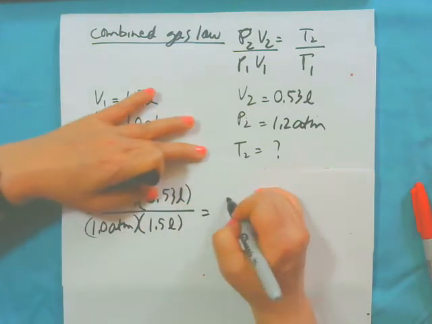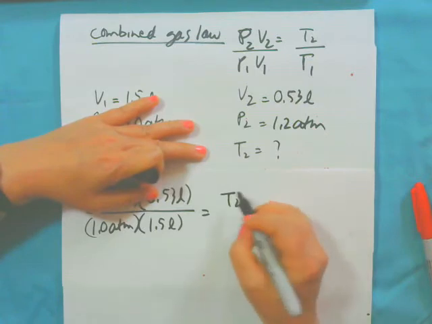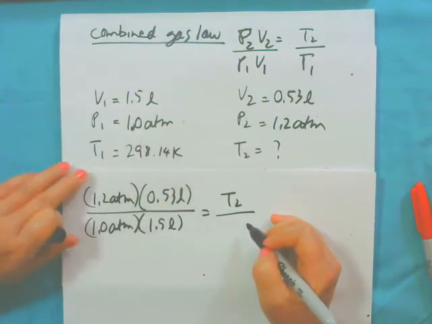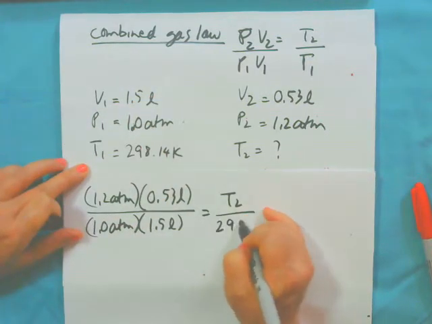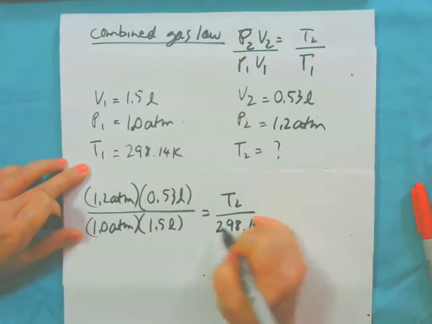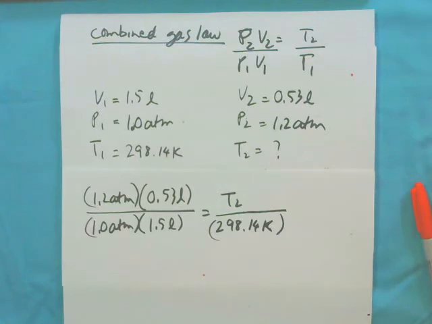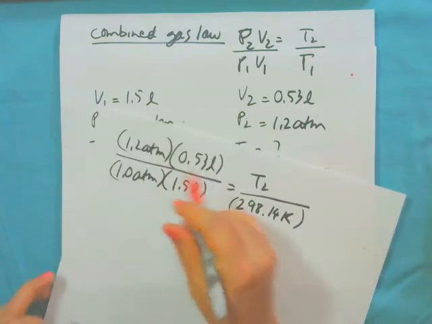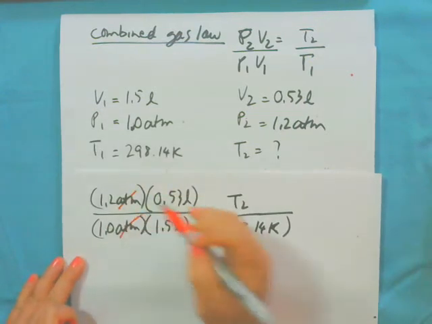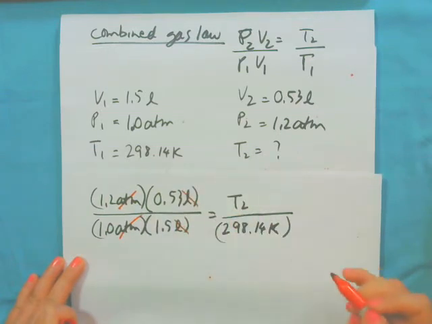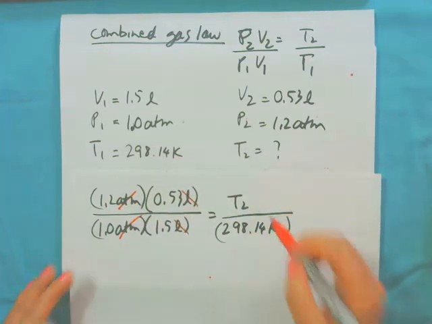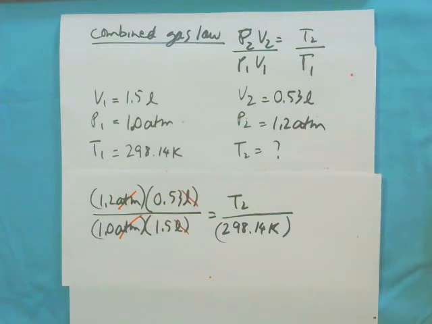And then my T2 I don't know, so I'm just going to leave it T2. And then my T1 is 298.14 Kelvin. Let's take a look at the units and make sure that they all cancel out. Atmospheres cancels atmospheres, liters cancels liters, and this temperature that I get is going to be in Kelvin.